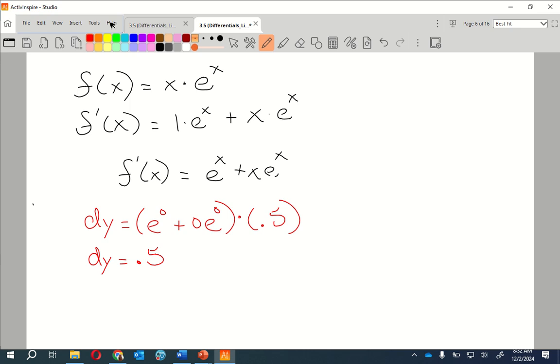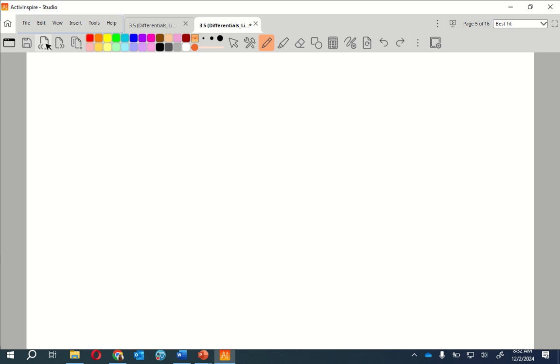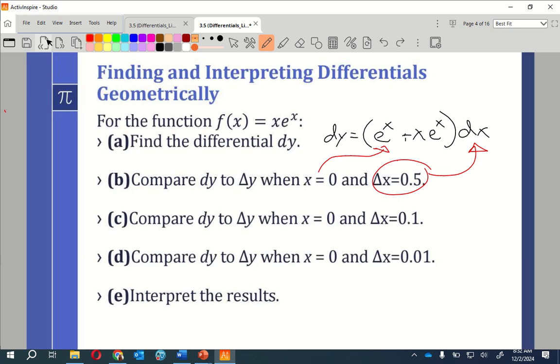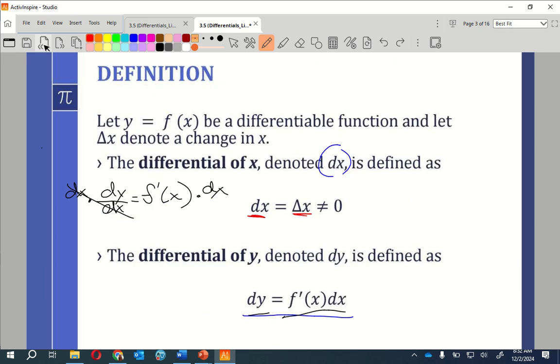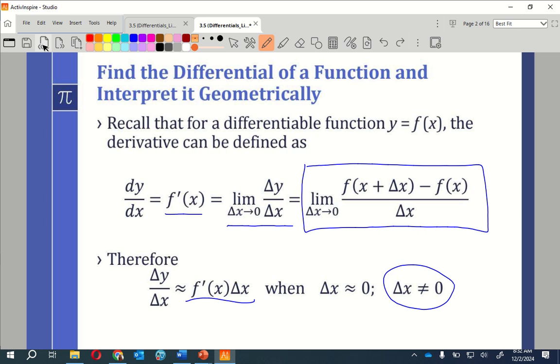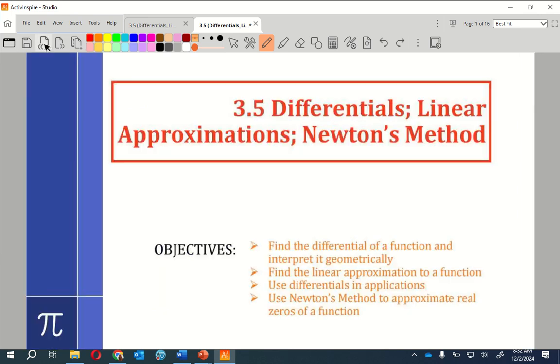And I'm going to compare that to, it says right here, compare it to my delta y. Alright, where's my delta y at? Did I already have it? Where'd it go?